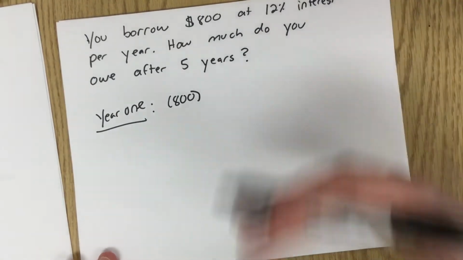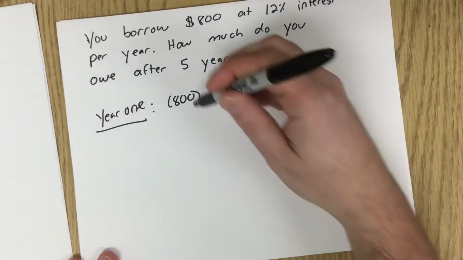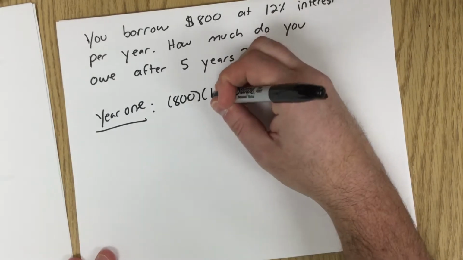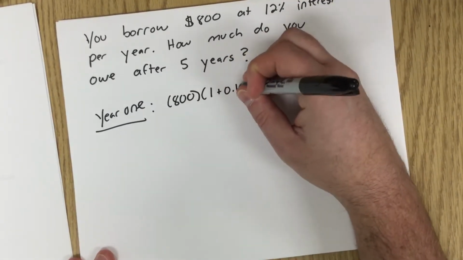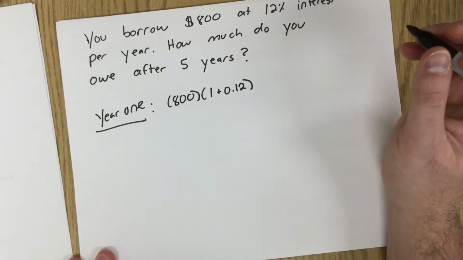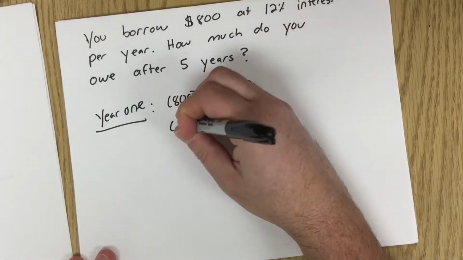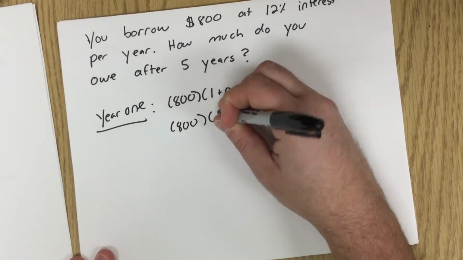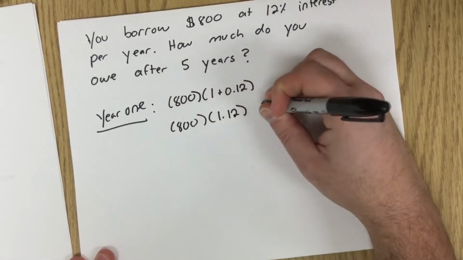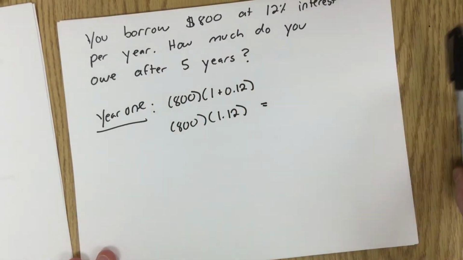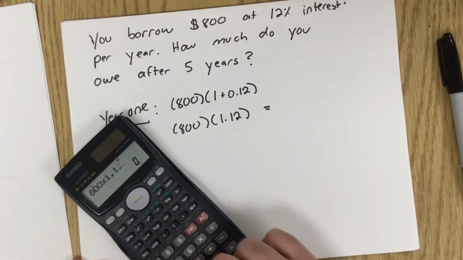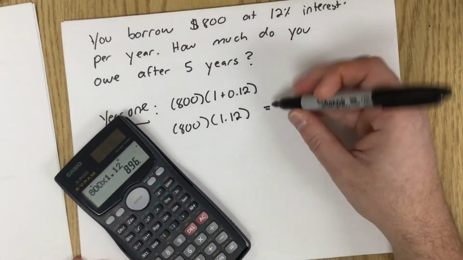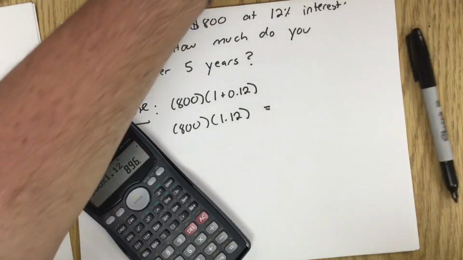And the way that you add 12% to something is you multiply it by 1 plus the amount that grew, which another way of writing that would be 800 times 1.12, which is going to be $896.